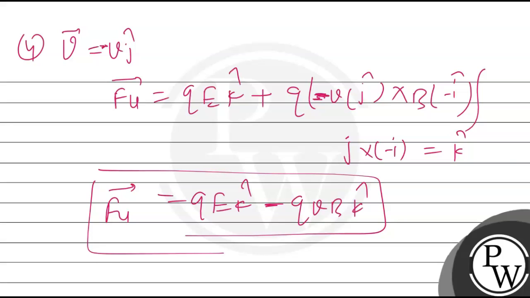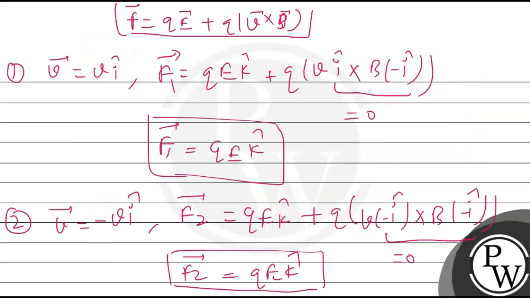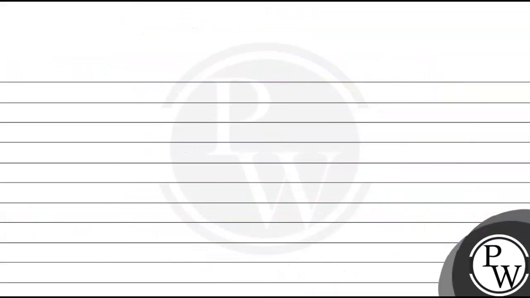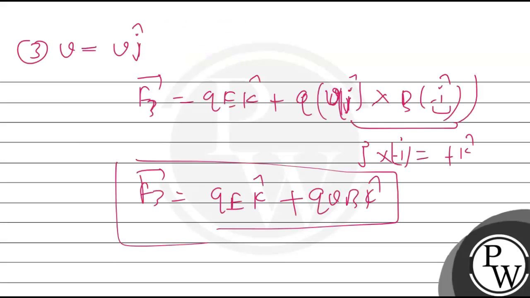If we compare these values, we see that the values of F1 and F2 are equal, and the direction is also the same. Now see over here, F3 has some extra quantity qVB other than qE.